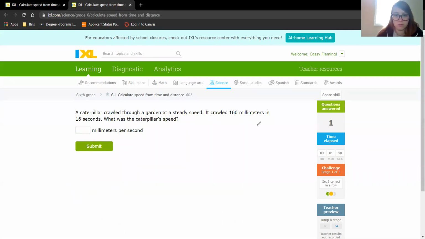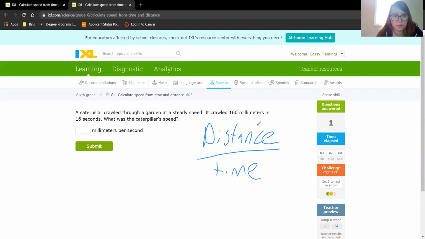So again, we're doing distance divided by time. In this problem, it says a caterpillar crawled through a garden at a steady speed. It crawled 160 millimeters in 16 seconds. What was the caterpillar's speed?